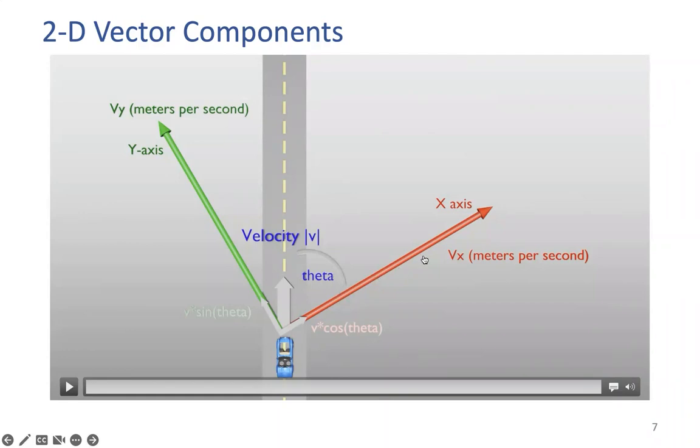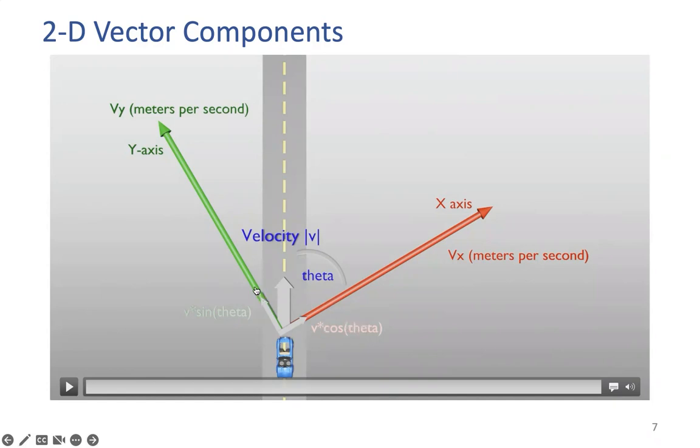Your forefingers will be pointing towards the x direction. X component of the velocity: v, velocity, times the cosine of the given angle, cosine theta. X component of the velocity, v times cosine theta.